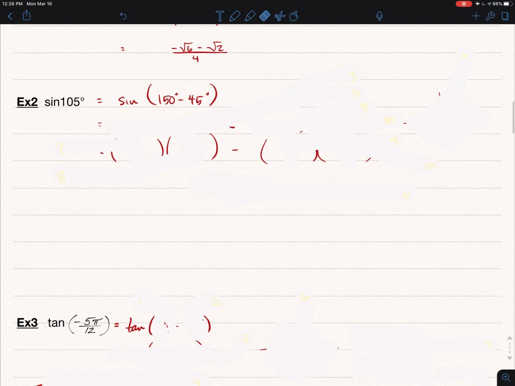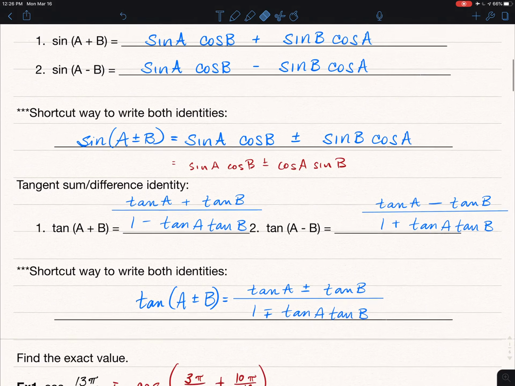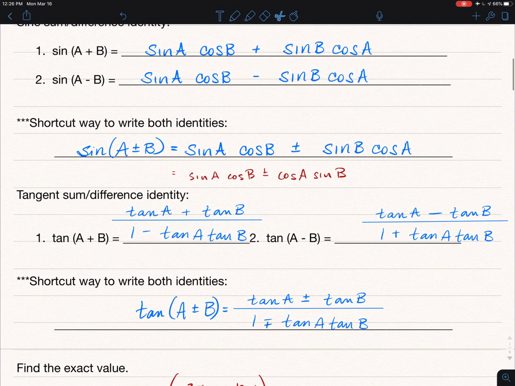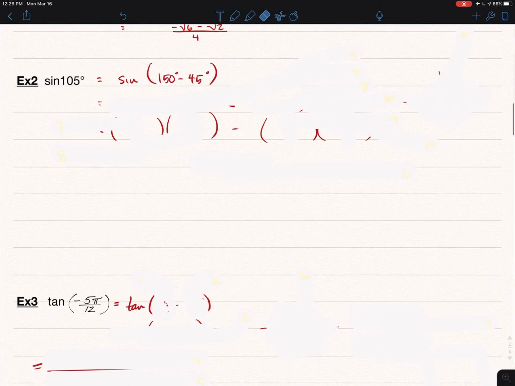All right, so let's take our sine difference identity, and that's what we're going to use. So this is going to be sine cos minus sine cos. So that's the one that we're going to use. So let's go ahead and plug and chug. So we have sine of 150, cosine of 45, minus sine of 45, cosine of 150.